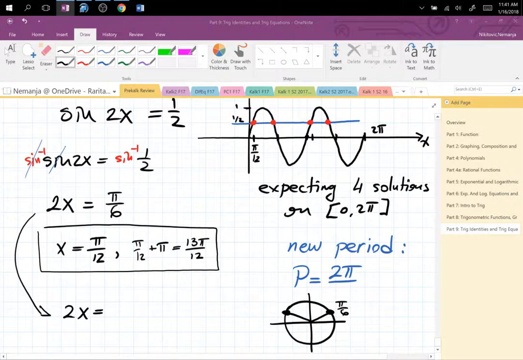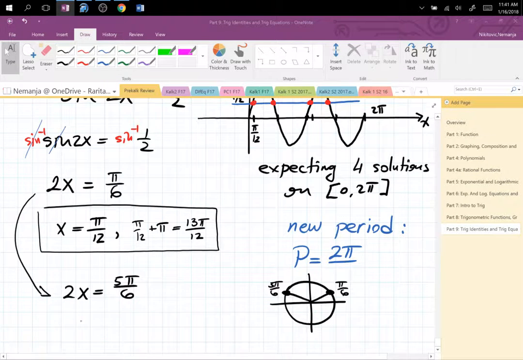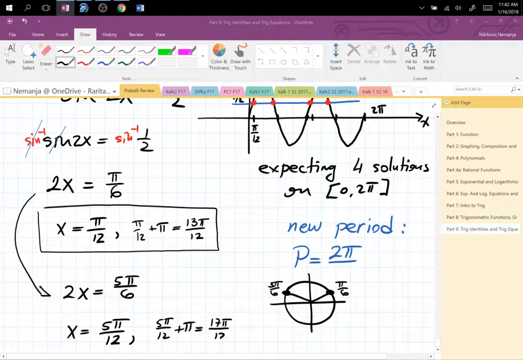So pi over 6 was used for the first solution. Now 5 pi over 6 is going to be used for the second solution, so 5 pi over 6 is the second one. Again, divide by 2, 5 pi over 12, comma, 5 pi over 12 plus pi, the new period, gives you 17 pi over 12.